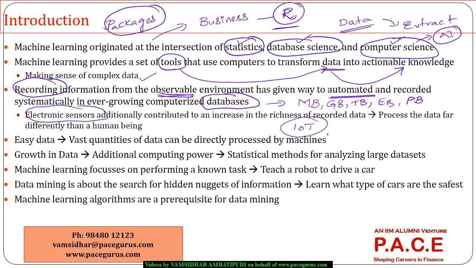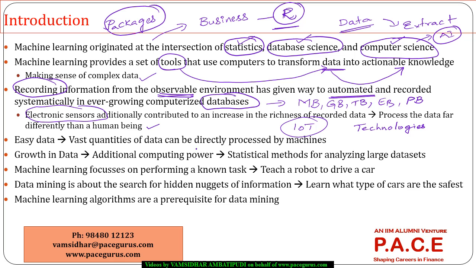The way the data is getting captured and processed through various technologies is far more sophisticated than what a human being can typically do. So this is where the need for machine learning has come up.